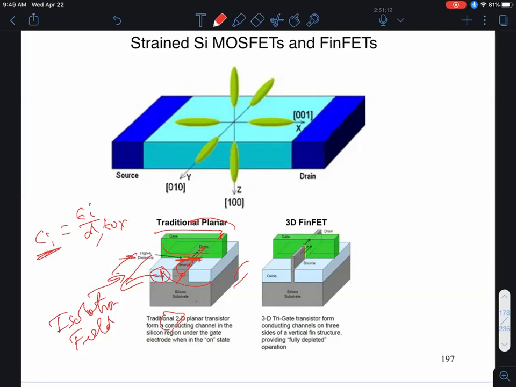Now, if I have a large value of Ci, the Vt, which depends on flat band voltage plus 2 phi f minus Qd by Ci. Qd has a negative sign in the case of NMOS, so this is plus. So if Ci is very, very large, Vt would be small, right? And in a modern transistor, you typically have VTs of around 0.6, 0.7 volts.